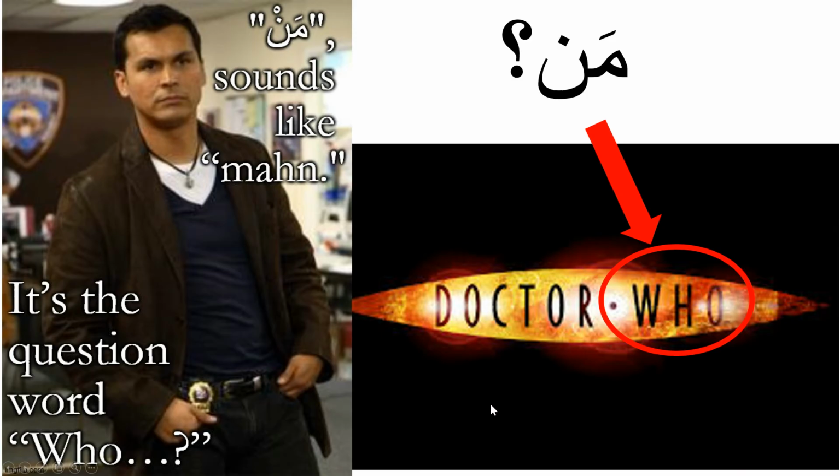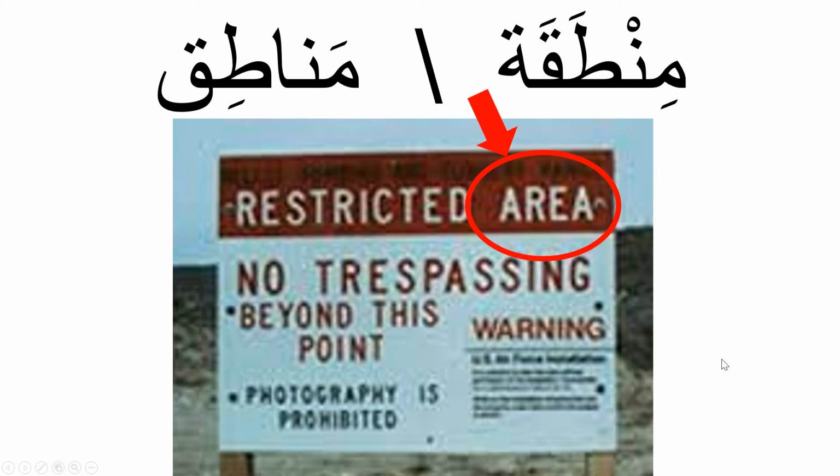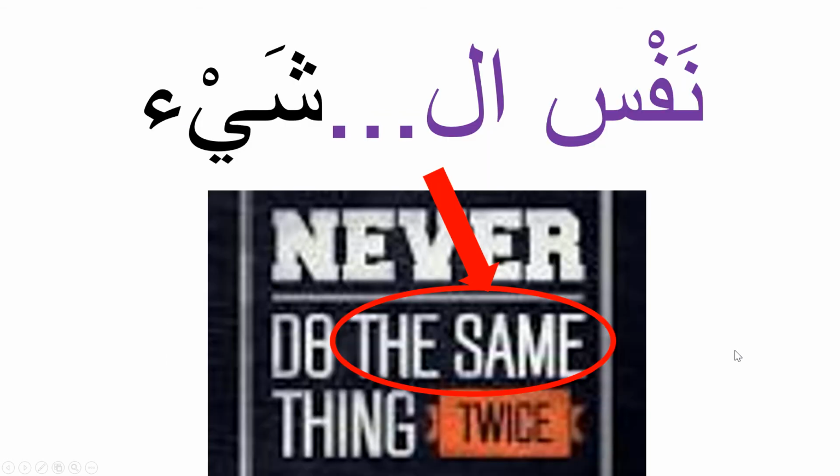Now, we talked about this interrogative particle, men, which means who, and we talked about mintaka, and manatik, which means areas, region. Now, let's talk about nafs. Nafs is same.